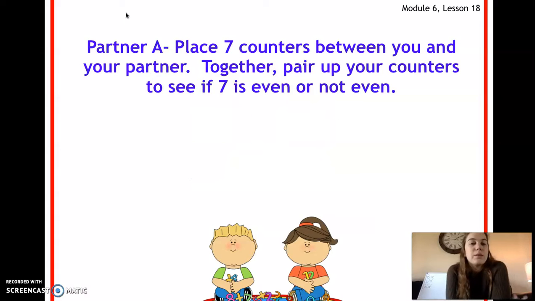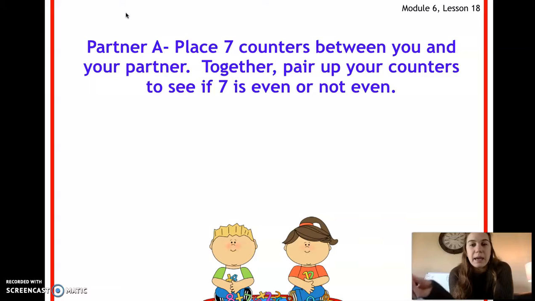So this is you would need a partner, but if you don't have a partner, that's okay. You can do this with mom, dad, aunt, uncle, grandma, grandpa, brother or sister. That's okay too. Or you can just do this on your own if there's nobody that can help you. So partner A, you're going to place 7 counters between you and your partner. So if you're doing this by yourself, you want to put 7 circles out.